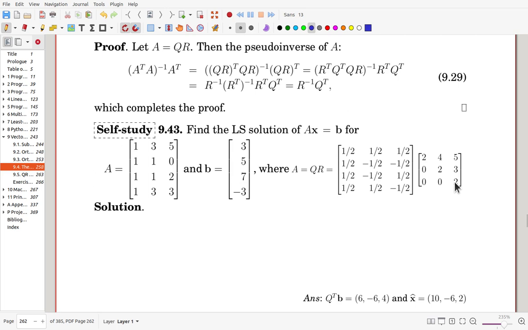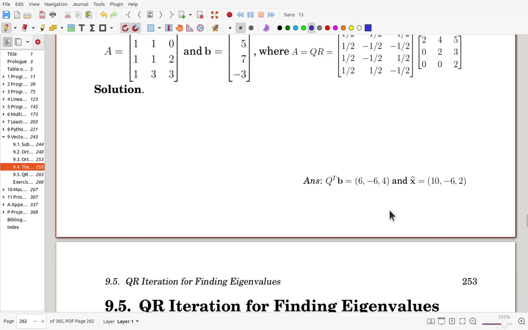Once you try to get the solution, first you apply the transpose of Q and the inverse of R. Then you can get it. Try it yourself. That's the end of the section. Thank you.